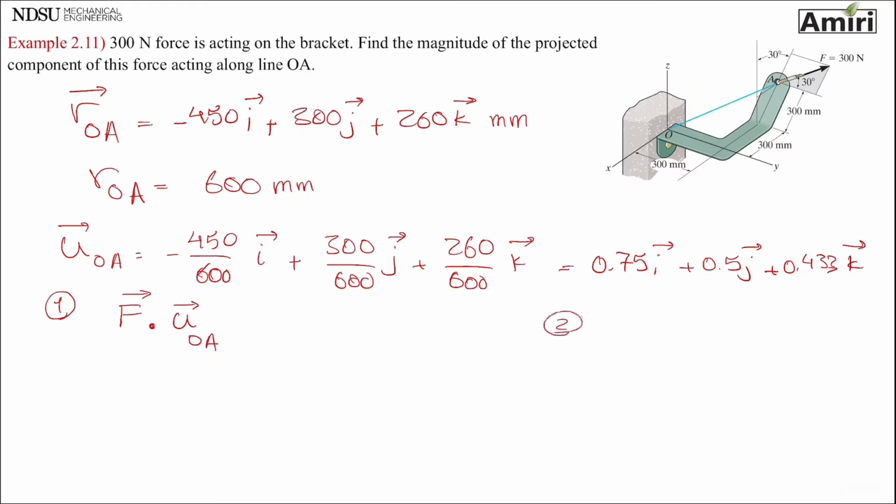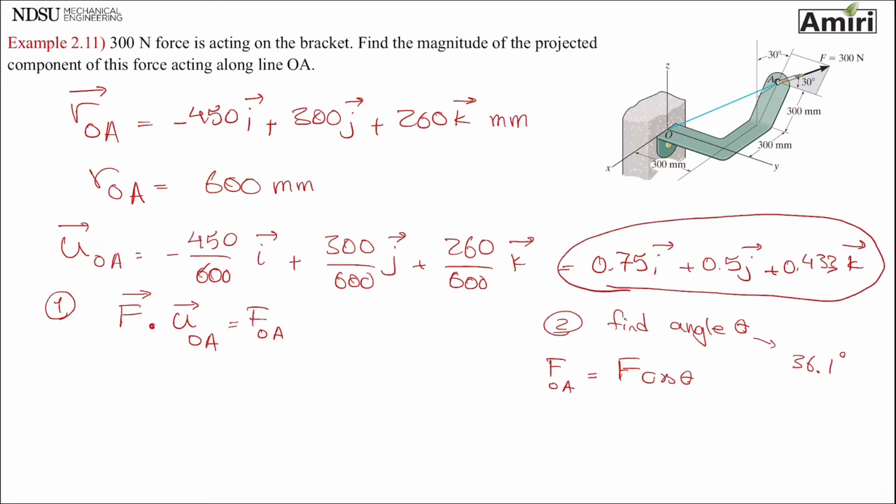Option 2, as practice, find the angle between those two, and then simply use the magnitude of F cosine of that angle to find that projection. So find the angle as a practice, and I give you the final answer for the angle. It's going to be 36.1 degrees.